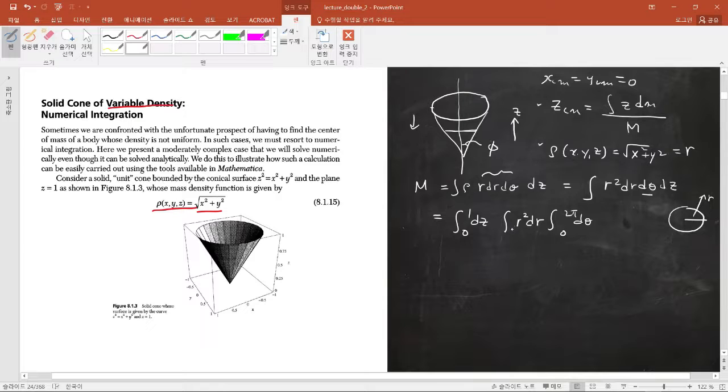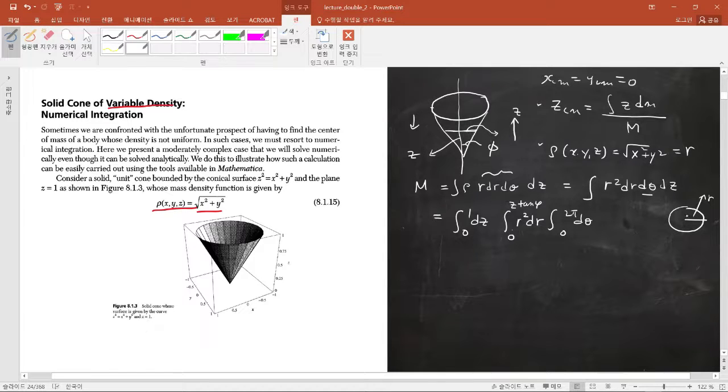Then you must have r squared dr, and the integral goes from 0 to here. R is what? R is z tangent phi.